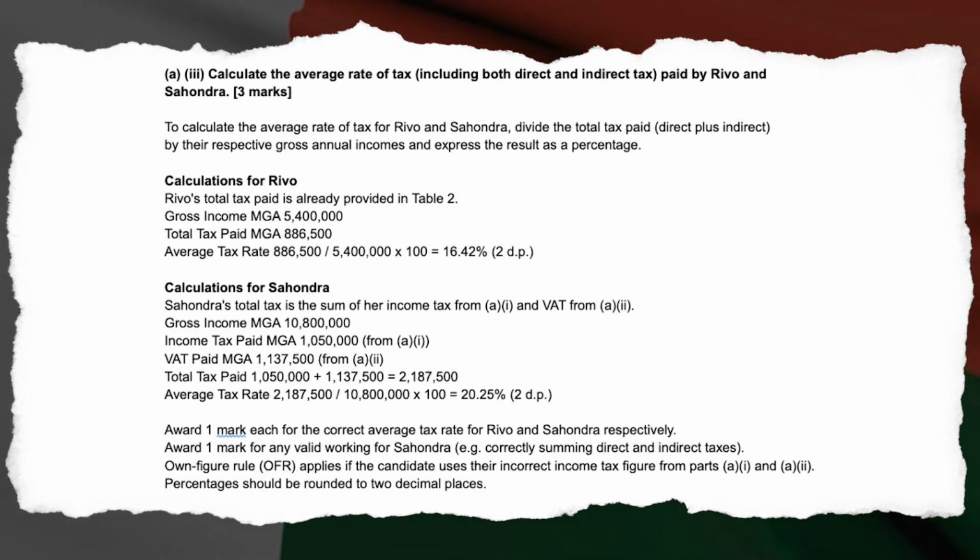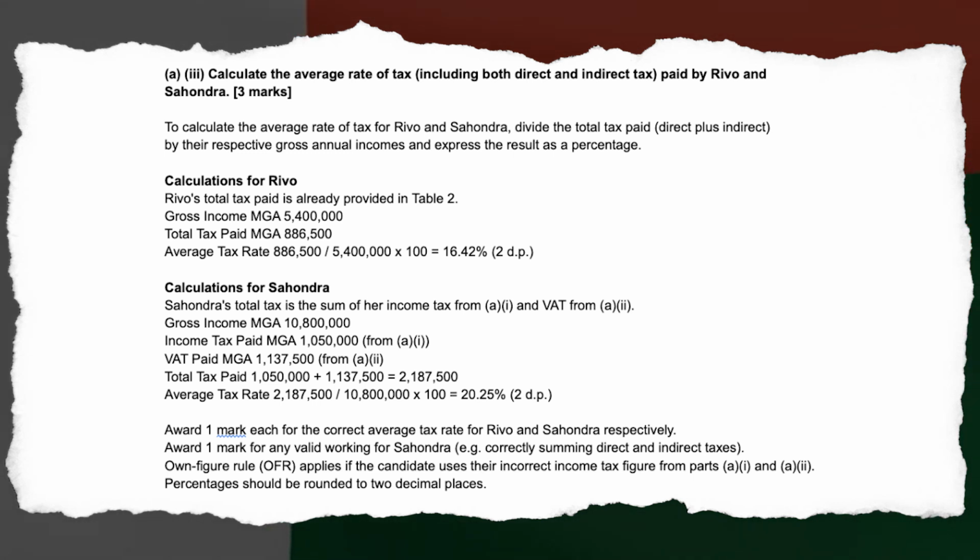Total tax paid, 1,050,000 plus 1,137,500 equals 2,187,500. Average tax rate, 2,187,500 divided by 10,800,000 times 100 equals 20.25%.